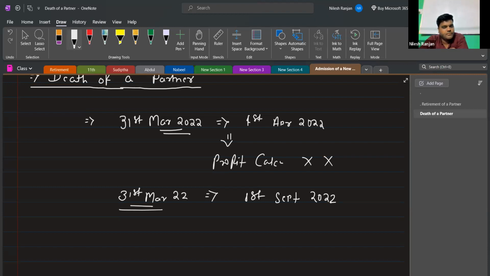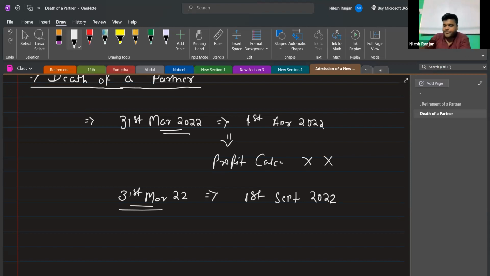Actually, the time gap is big. You can see here the time gap between these two dates is April, May, June, July, August, 5 months. In 5 months, a partner can earn 5 lakh. That's why we need to calculate the profit in case of death.